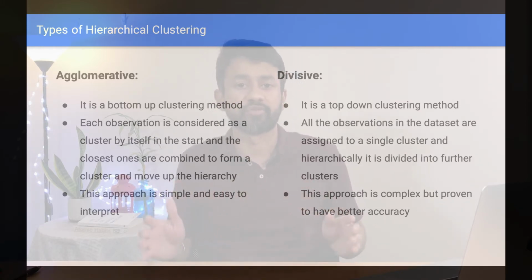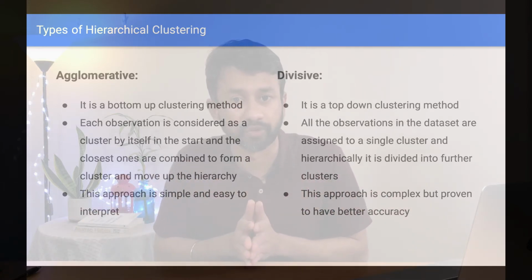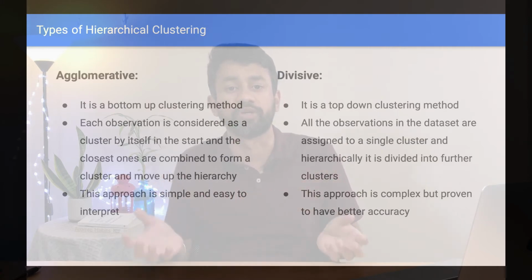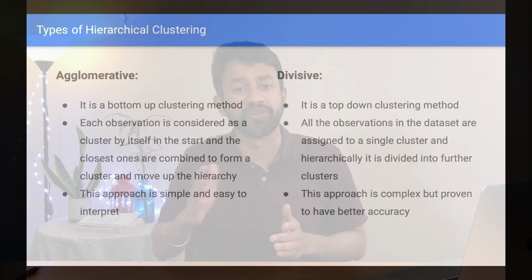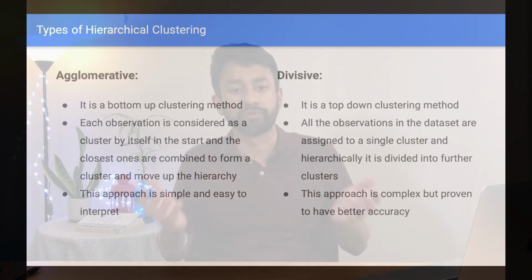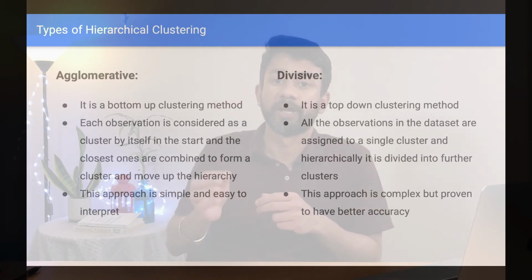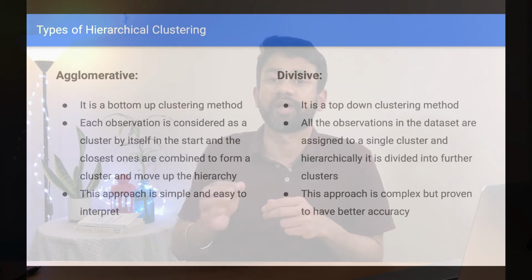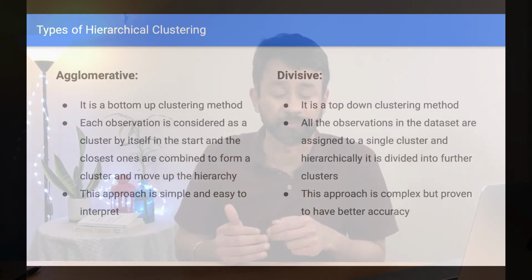We consider there is only one cluster, and all the observations are part of it. Then we divide this into two clusters that are least similar to each other, and we repeat this process. Each cluster is taken and divided into two different clusters, and this continues until we reach n clusters, which is equal to n observations, so each observation is its own cluster. Only then do we stop in the divisive approach.